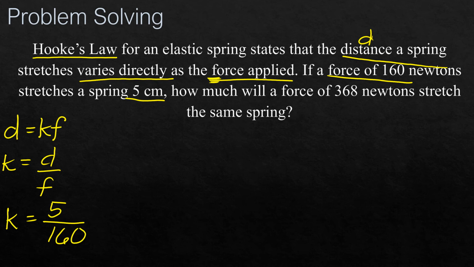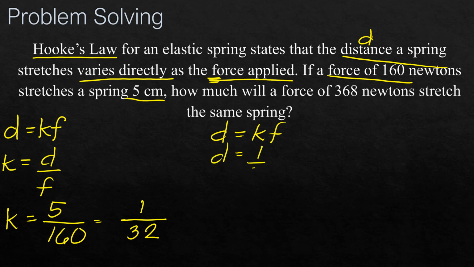Mamaya natin ilagay ang kanyang unit. So, we can simplify this, 5 over 160. This is 1 over 32 for the constant. Ngayon, balik tayo dun sa equation natin. d is equal to kF. So, d, ang ating constant now is 1 over 32 F.